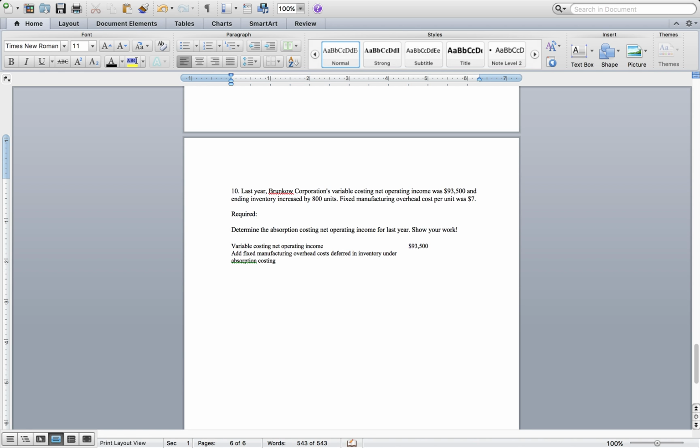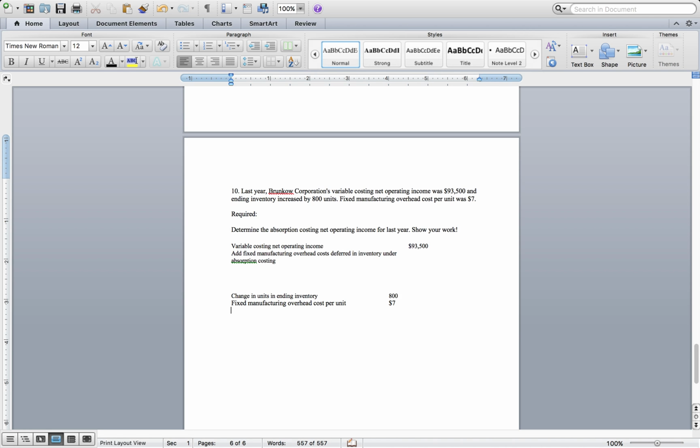Remember, to calculate this, start with your change in units in ending inventory. It says here 800 units. We got 800 here. And the next thing we're going to see is what is your fixed manufacturing overhead cost per unit. And remember, that's $7.